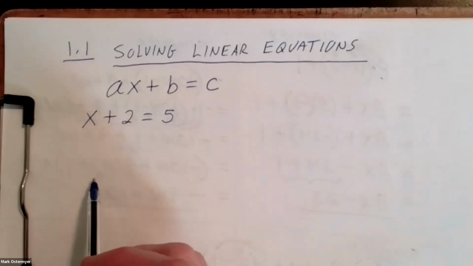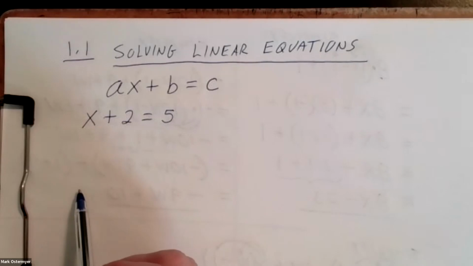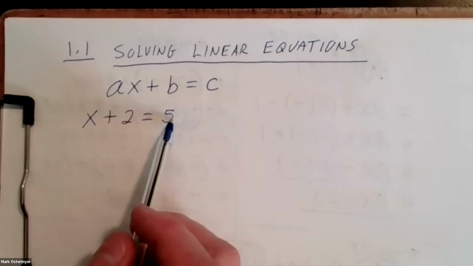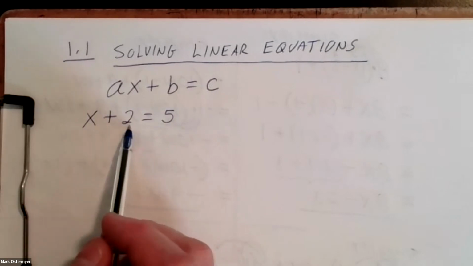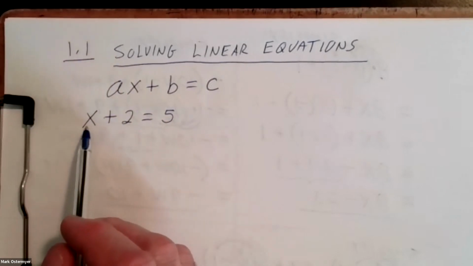But let's show you formally how we would actually solve this equation for x, or for the unknown, or for the variable. In order to solve an equation, our goal is always to get the variable all by itself on one side of our equation. This is called the left side of the equation. This is called the right side. We need to get the x all by itself on the left side.